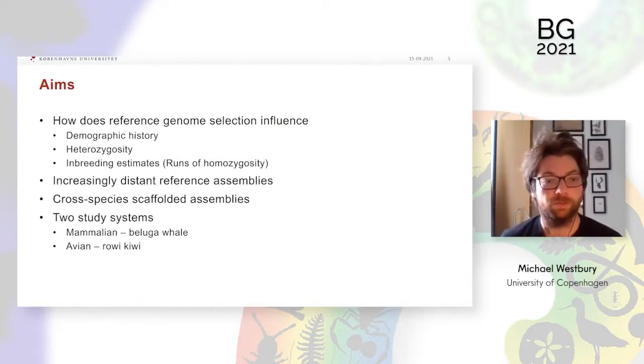And for the study, we used two different study systems. One was a mammalian one, which was the beluga whale and a lot of other cetacean relatives. And one was an avian one, which was the roe kiwi with other kiwi relatives and also the emu.